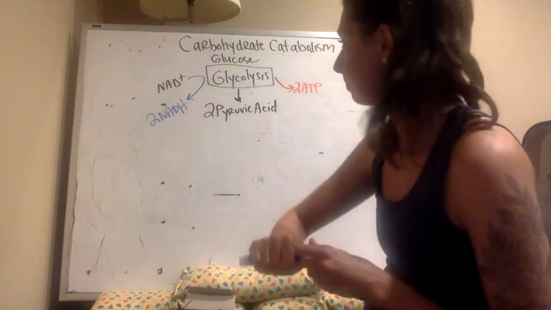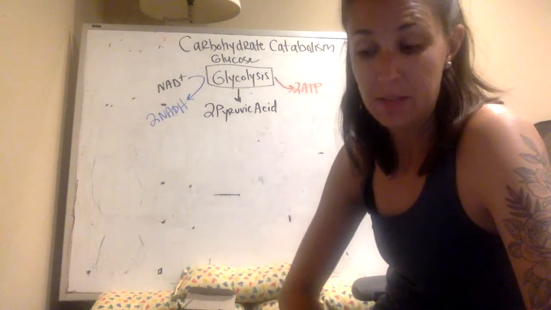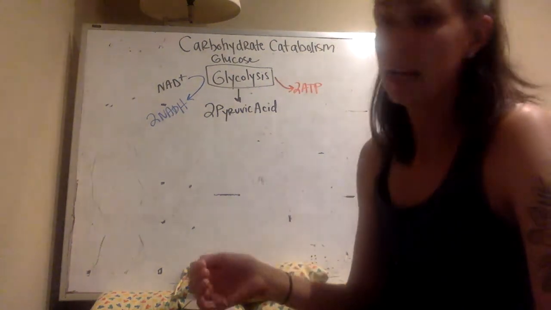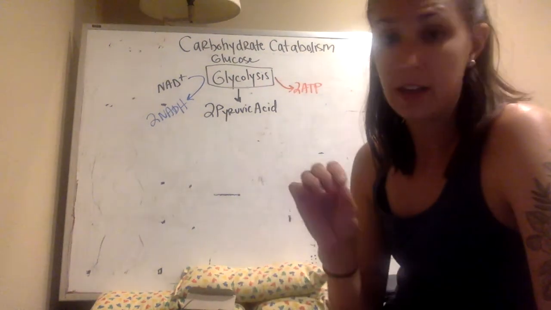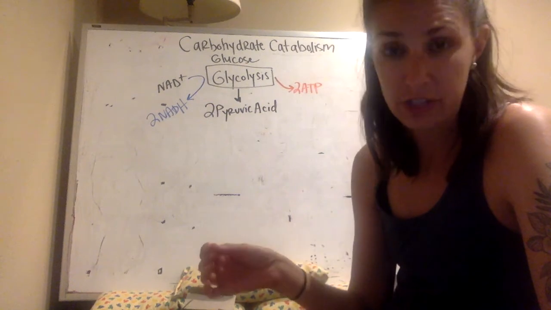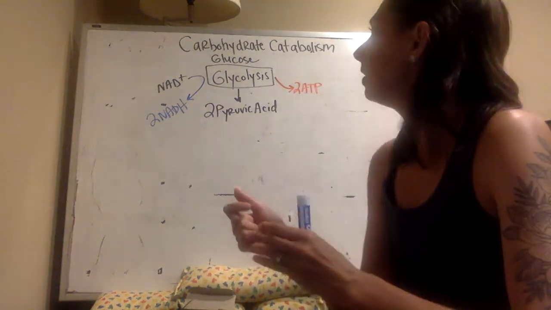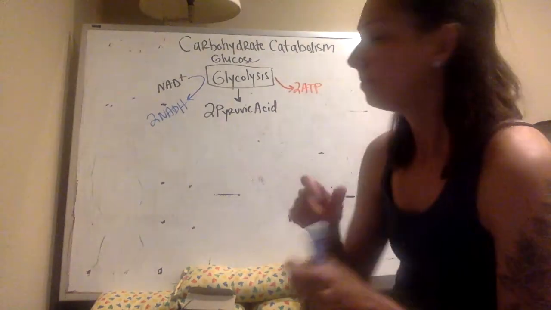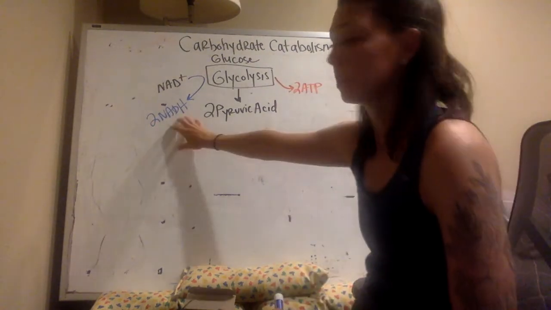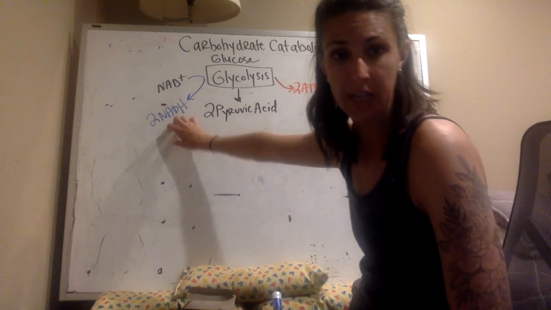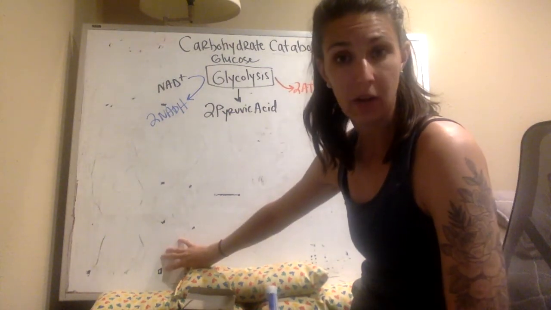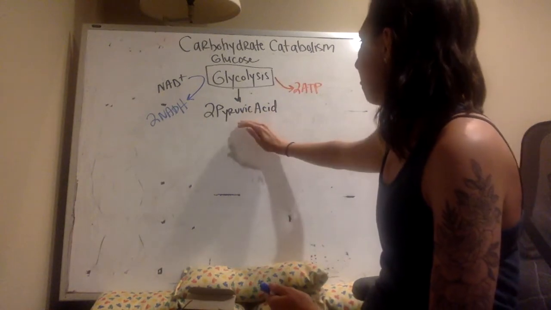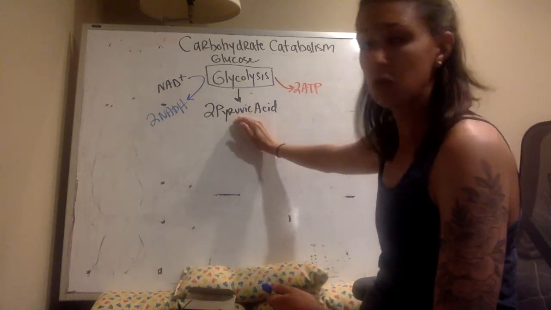I don't teach chemistry, but you can ask your chemistry instructor on the ins and outs of that. But when there's an H added, you get the electron added with the hydrogen molecule. So NAD got reduced and became NADH. And it's going to just hang out with its electron, and at the very end, it's going to dump it out in the electron transport chain. Okay, so let's move on.